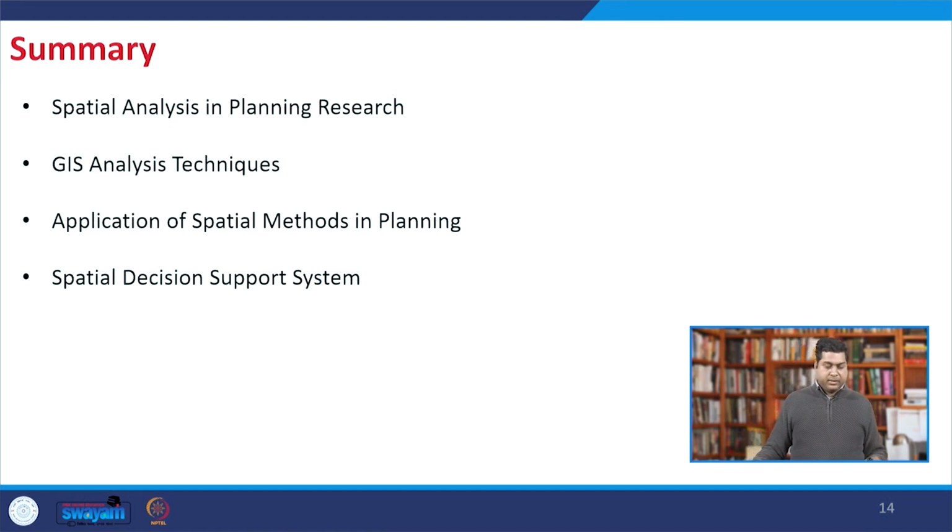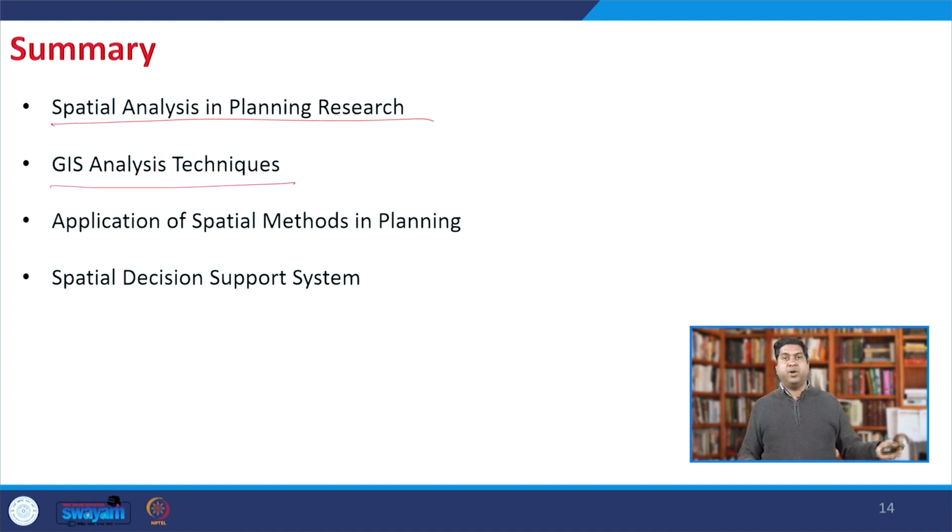Now to summarize, here we have understood how important spatial analysis is for planning research. It has multiple advantages, and it has application in multiple areas, including the decision support system, rather than just good, accurate map creation, etc. Here we also discussed GIS analysis techniques.